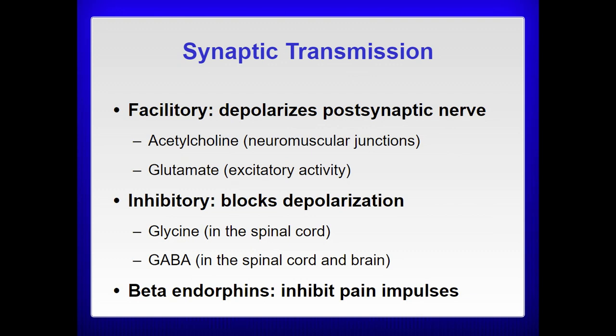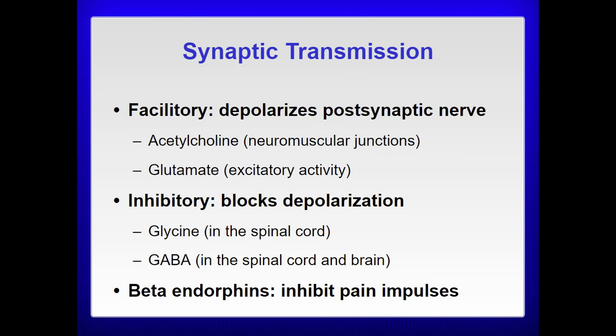Acetylcholine is involved in the transmission of signals for the parasympathetic and sympathetic nervous system. Glutamines are part of the excitatory activity of the central nervous system, so glutamine is part of the transmission of pain signals. We also have substance P, which transmits pain signals to the dorsal horn. So those are the facilitators.